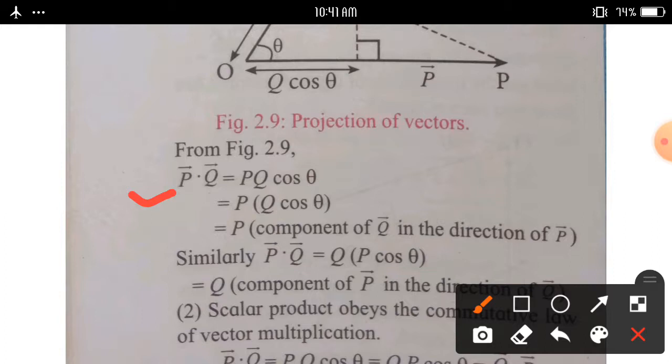What does this mean? It is p times the component of q in the direction of p. Similarly, we can write p dot q is equal to q into p cos theta, which means q times the component of p in the direction of q. This is the first characteristic of a scalar product.